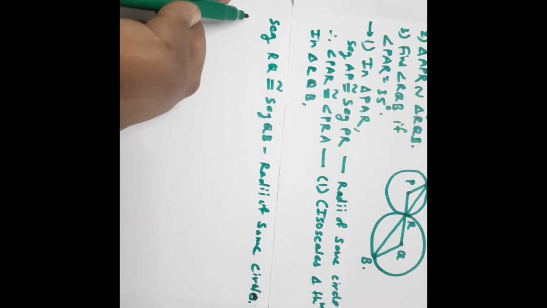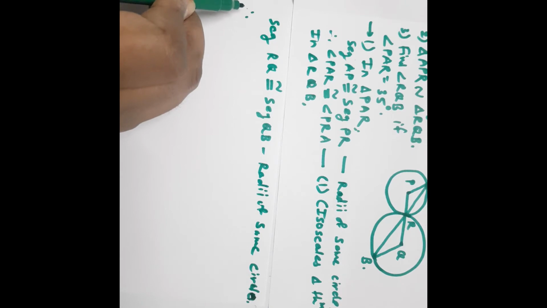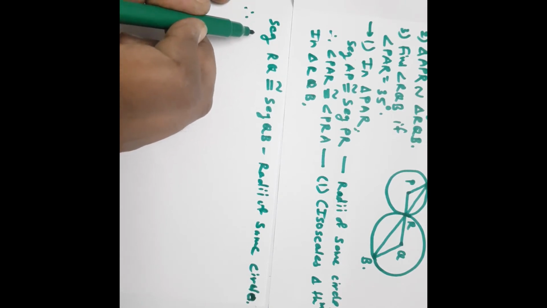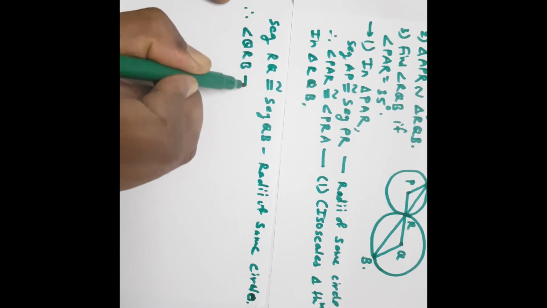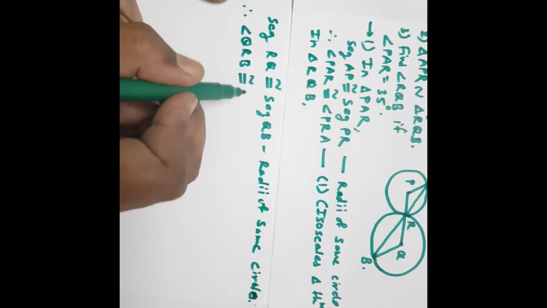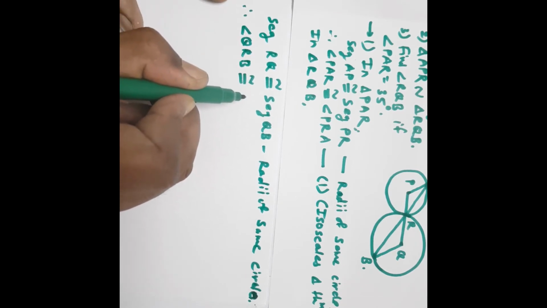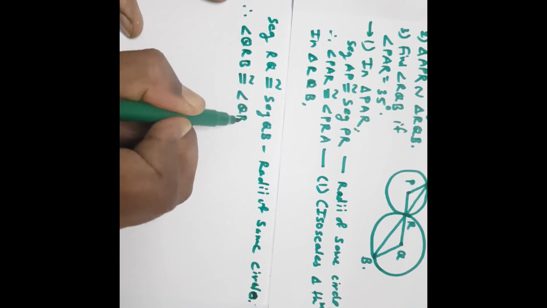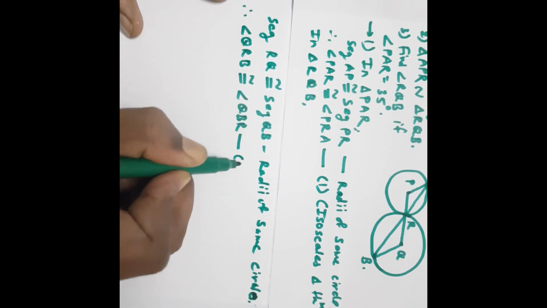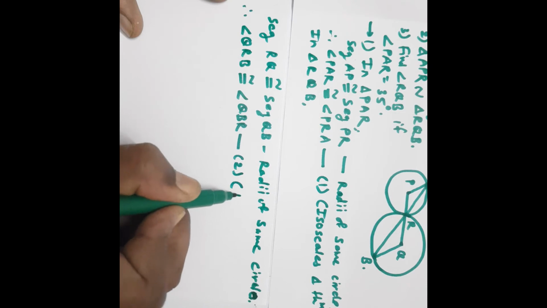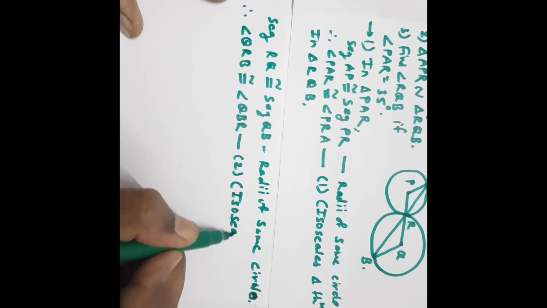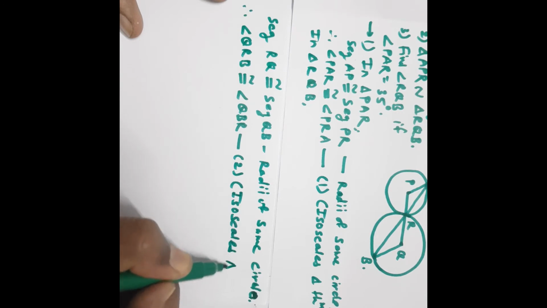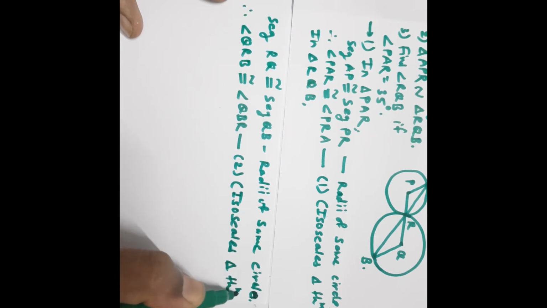Therefore, angle QRB is congruent to angle QBR. This will be the second statement. It is also an isosceles triangle. Therefore, the reason is the isosceles triangle theorem.